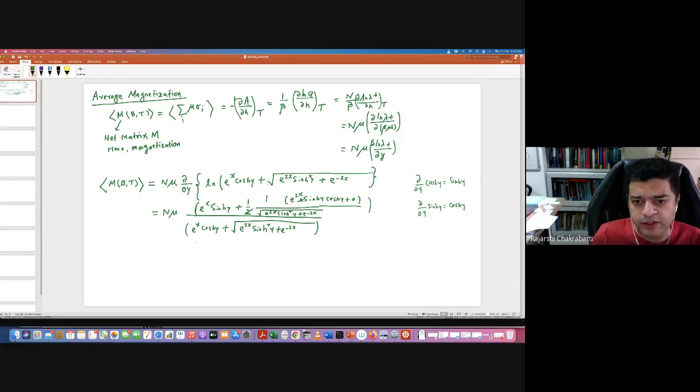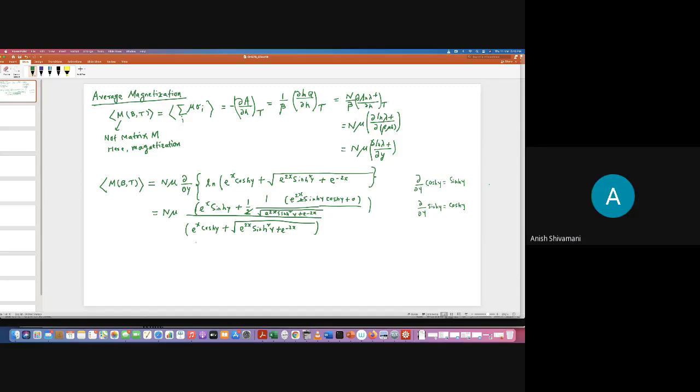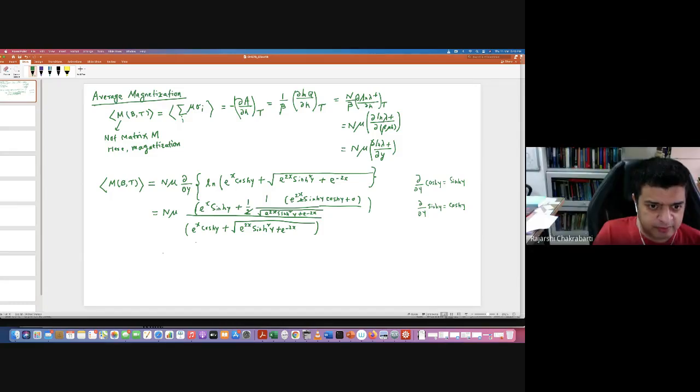And what will happen to this? This is like a root, so half times 1 over root of this, and then you have to take the derivative of this argument. So sinh squared y becomes 2 sinh y cosh y. Is this clear, what I have done so far? Yes, sir.